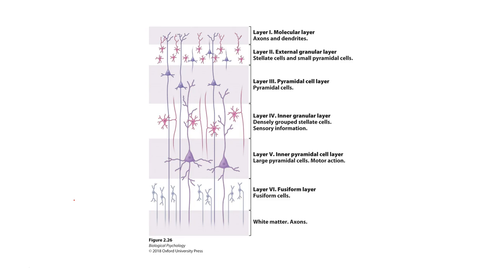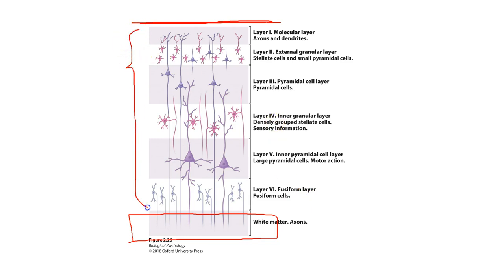The cortex is organized in layers. So if we sliced the cortex up, this would be the outer surface, the dorsal surface of the cortex, and this would be the area that would be closer to the inside of the brain. There are 6 total layers of the cortex, and these layers have different kinds of cells residing within them.